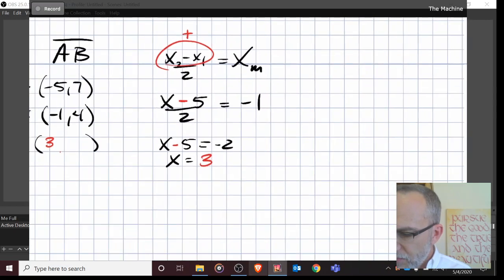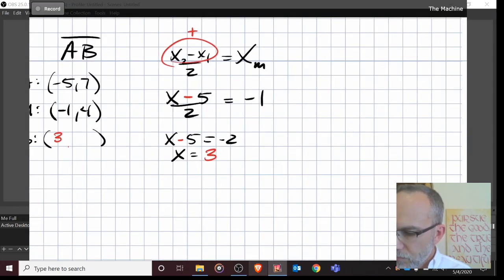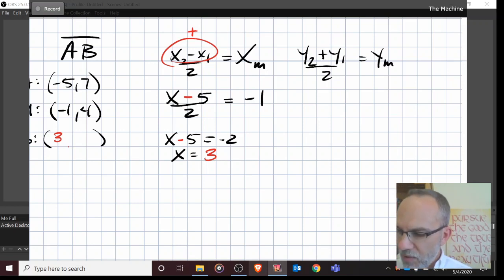Okay, so now do the same thing for the y values. It's going to be, not x, see now I'm in a kerfuffle. So now y2 plus y1 over 2 is equal to the midpoint of the y's. So what's the second y value? I don't know. We'll leave that as the variable.